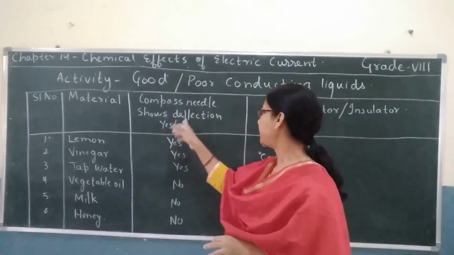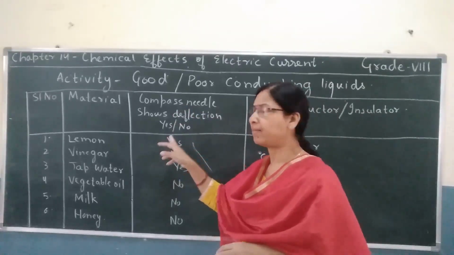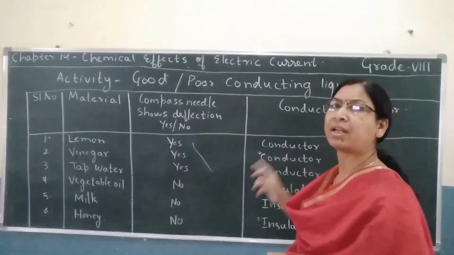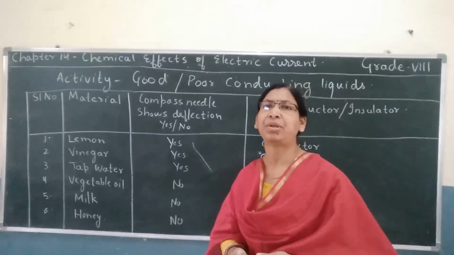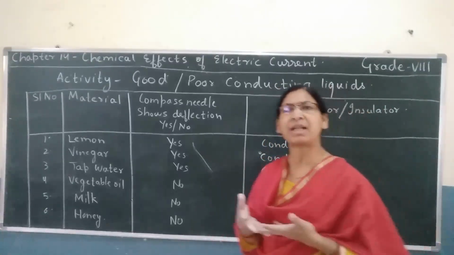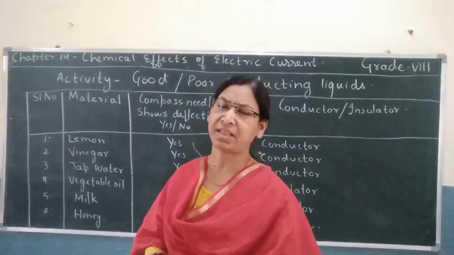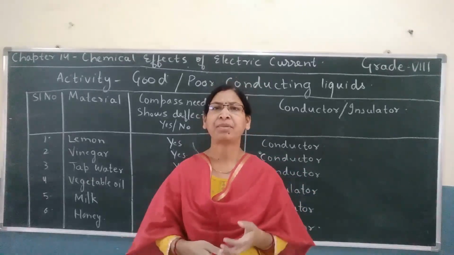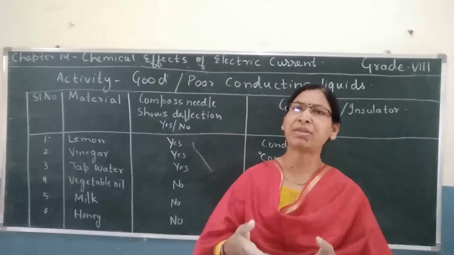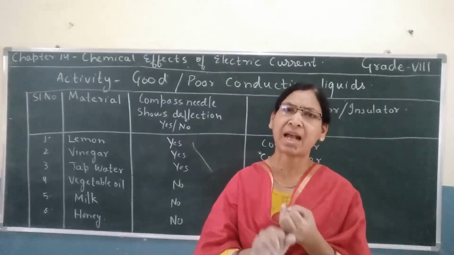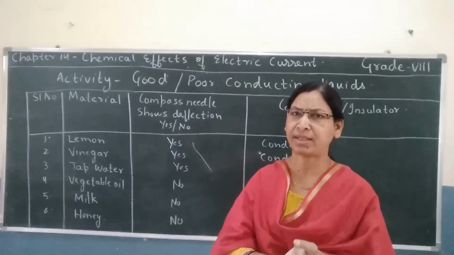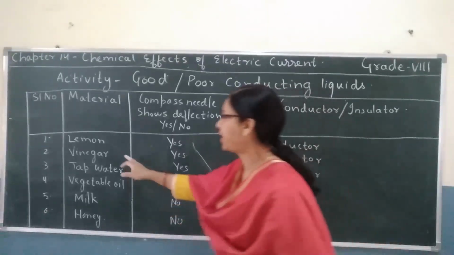Everyone knows it is a common household item. If the compass needle is showing deflection, that means it is a good conductor of electricity, because lemon has citric acid in it, and we already learned that liquids will conduct if they have acid, base or salt in them. Next one is vinegar.